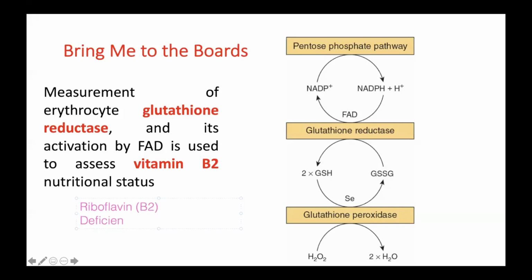If there's a deficiency, this is usually associated with cheilosis. It's also associated with angular stomatitis. And don't forget, B2 is needed for FAD, flavin adenine dinucleotide. So please bring this to the board exams.